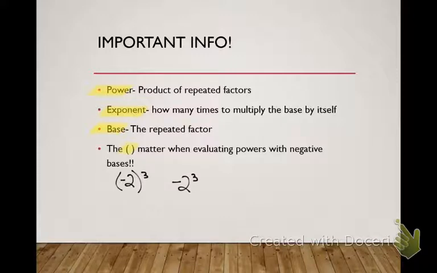And I'm going to show you the difference between them. Let me just spread them out a little bit more. So when the base is negative and it's in parentheses, it means that the base is negative, meaning that it's negative 2 times negative 2 times negative 2.